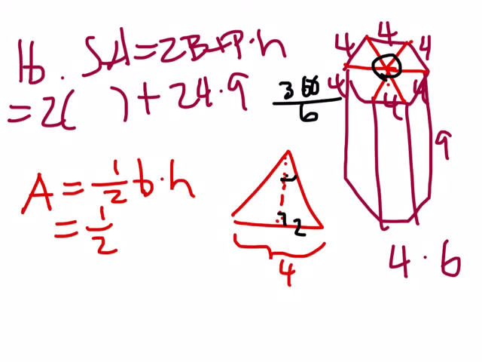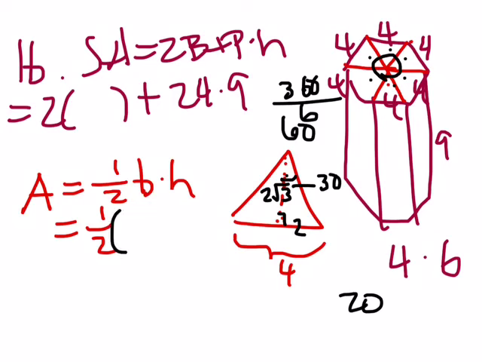So each of these angles at the top of the triangle is 60, but I just cut it in half, so this is 30. Now, this breaks down to 30, 60, 90. It won't always. Sometimes it'll be 45, 45, 90. If it's another angle like 20, 35, something else, then you'll have to do trig to find the height. But this one, I say it's 30, 60, 90, so the height is radical 3 times as big.